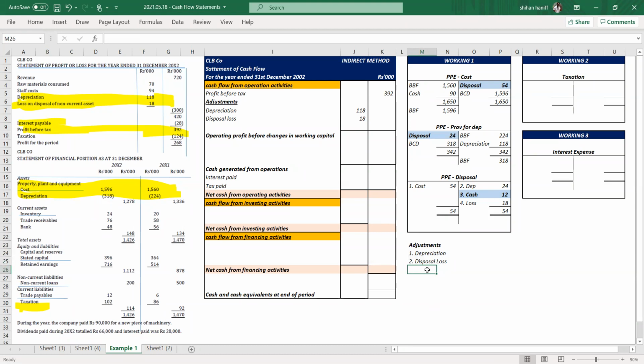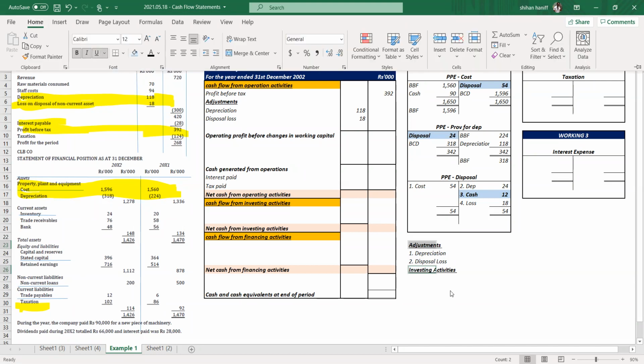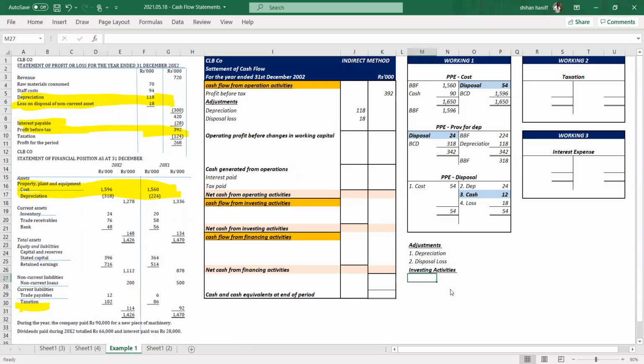Then there will be two more transactions for investing activities. So most of the time you will get these four adjustments.